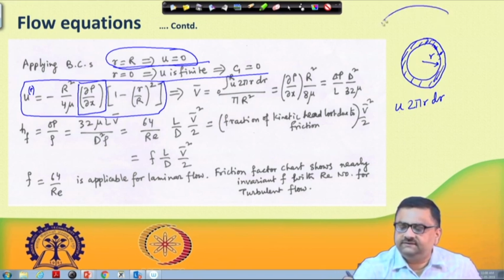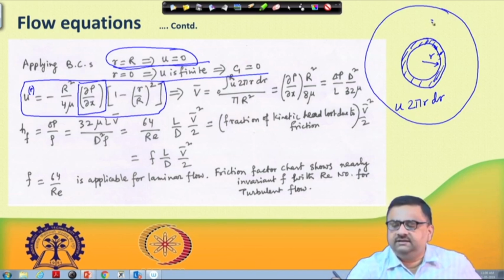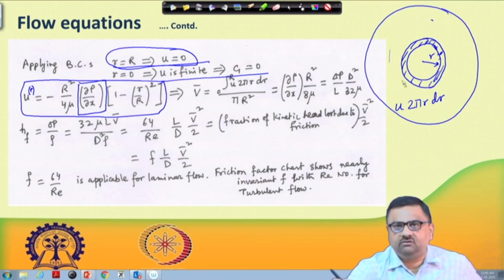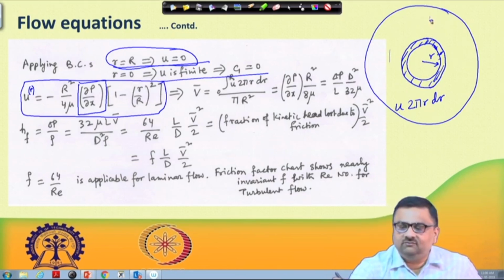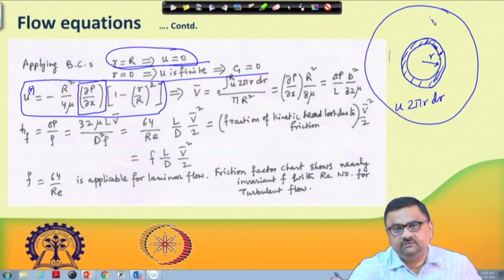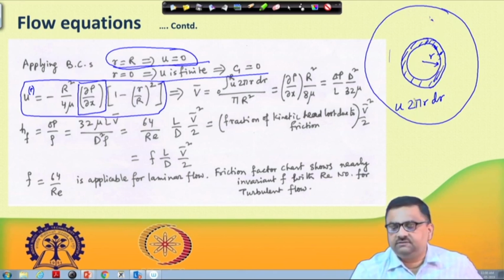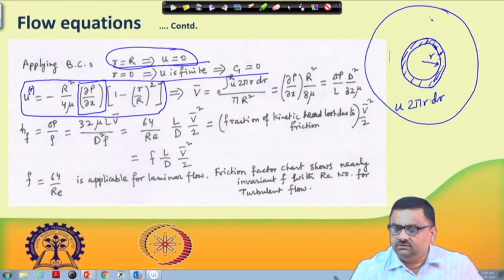If this is the overall capillary and I take some other r, the velocity around the annulus you draw around that r would be the u against that particular radial distance, and the corresponding annular area is 2 pi r dr.